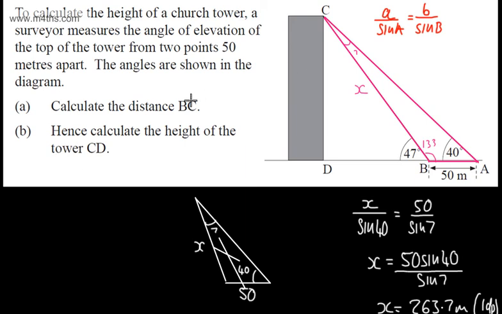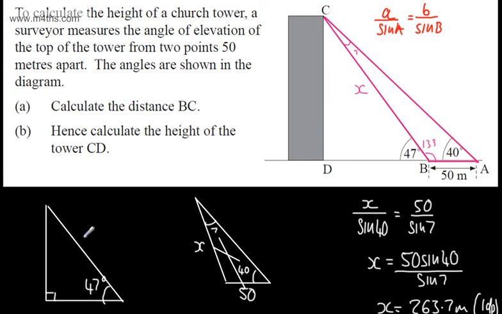We need to calculate the height of the tower CD, which is this length just here. I can go back to my trig ratios here. What I'm going to do is draw up a different triangle. I've got this angle right here. This is going to be 47 degrees. We've got now this right angle. Remember, the wall of the church tower and the floor are going to be perpendicular.